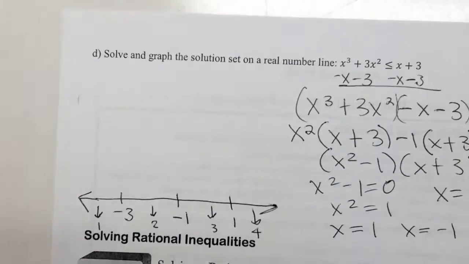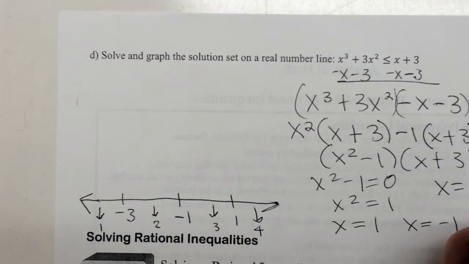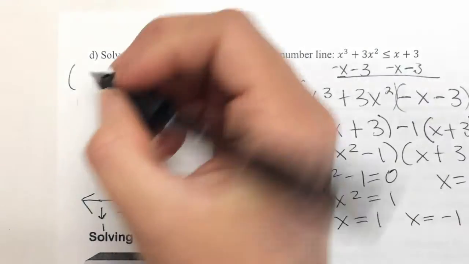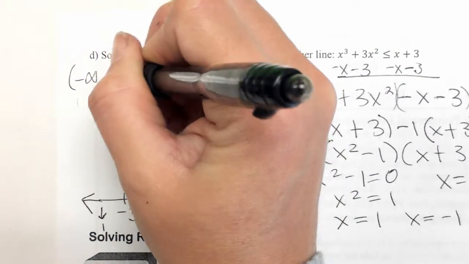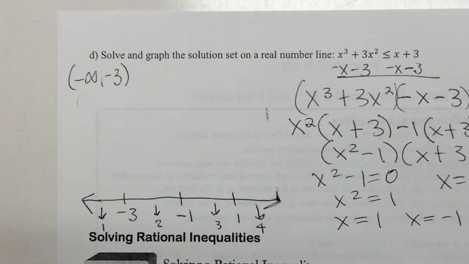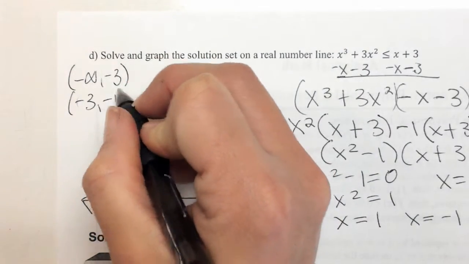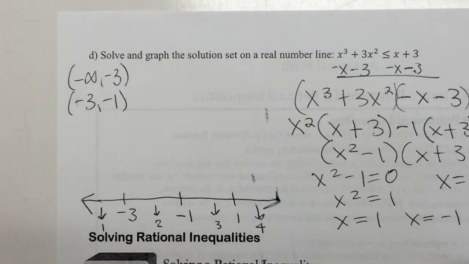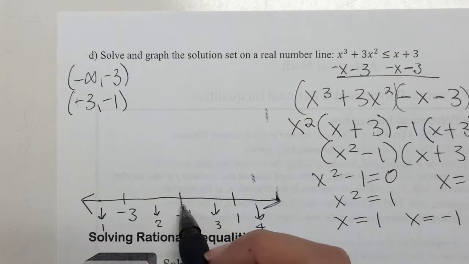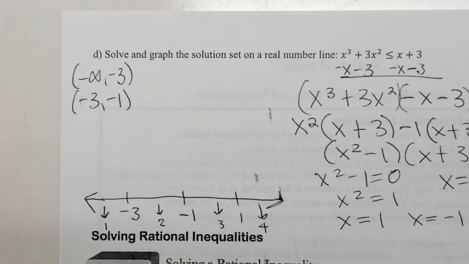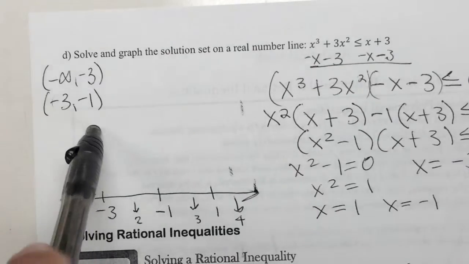Alright, this first section, tell me how to write it as an interval. The first section. Negative infinity to what? Good. What about section 2? Perfect. Wait, won't this have brackets? On this part? Or this part? That part. Yes, they will. And how come these will have brackets?